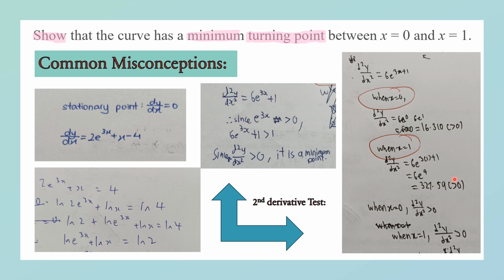But if we take a look carefully, did the question say that x equals 0 and x equals 1 are turning points? The question did not state that. The question says to show that the curve has a turning point between x equals 0 and x equals 1. But given these solutions, the students are actually saying that x equals 0 and x equals 1 are turning points. But do take note, these are not turning points.